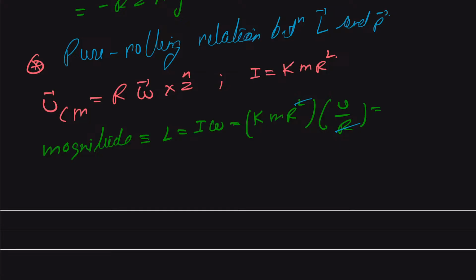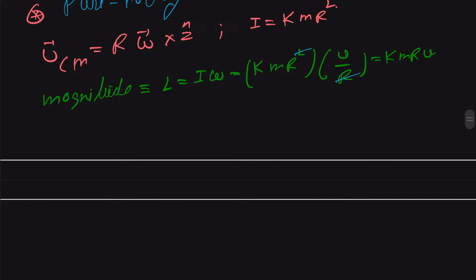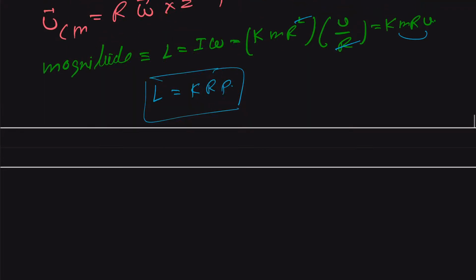Therefore we get this as k m r v, or we can also write L is equal to k r times p, because m times velocity is our linear momentum, and its direction is obviously parallel to the cross product of our z unit vector and our linear momentum. So we can write this in vector form as k r, z cross p vector.